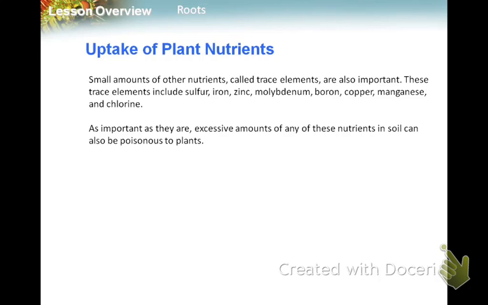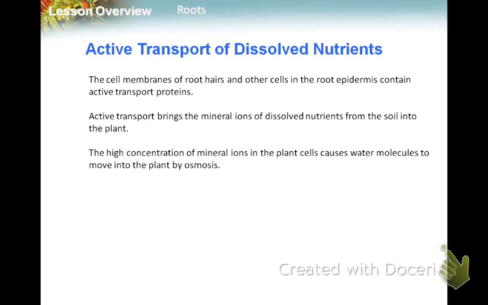Then we have trace elements that aren't as important in large amounts, just smaller amounts. The problem is excessive amounts can be poisonous, so there's this homeostatic balance. Too much or too little is not a good thing. Active transport, you remember that term from last semester, moving from low concentration to high concentration.